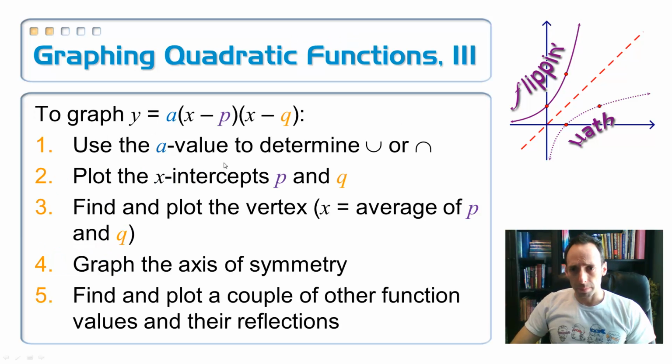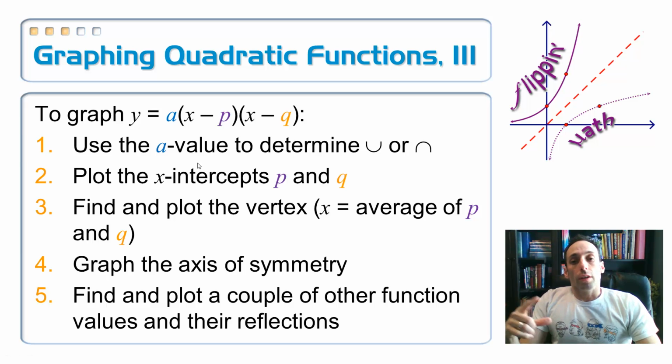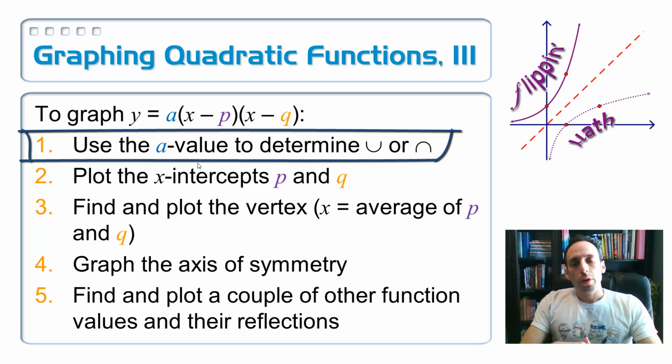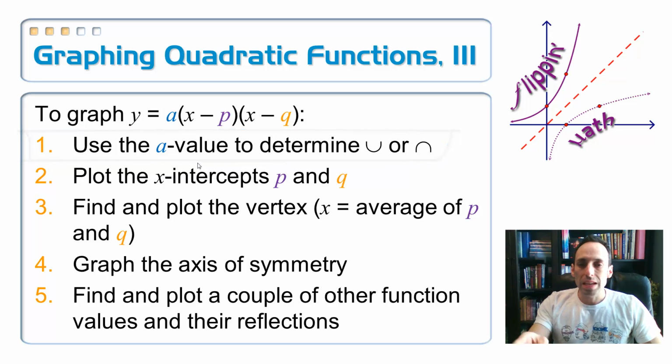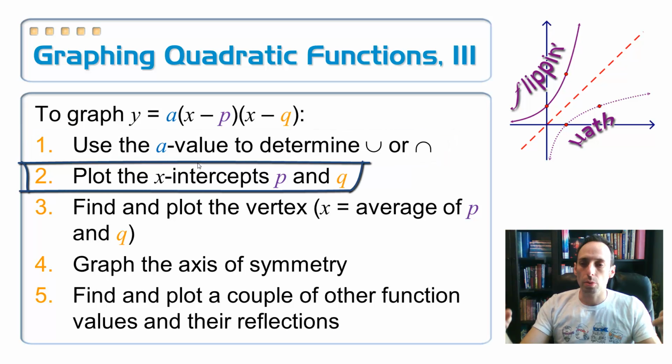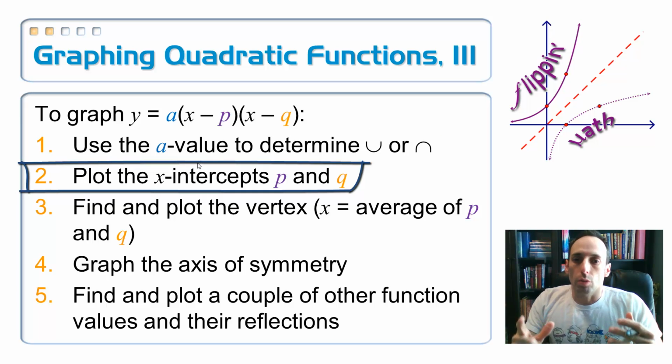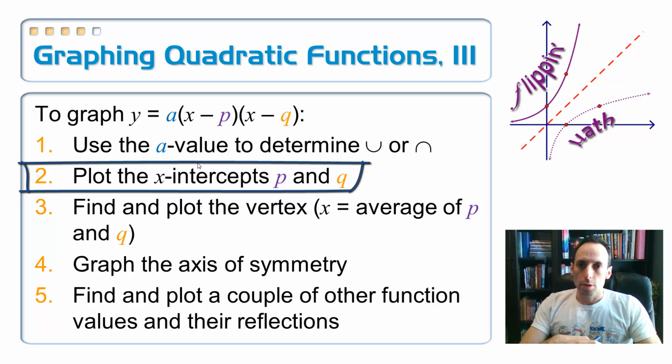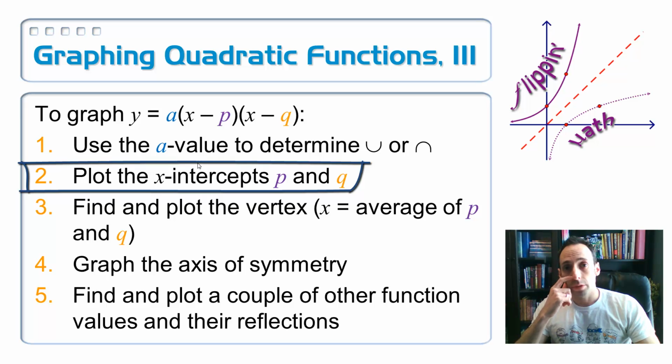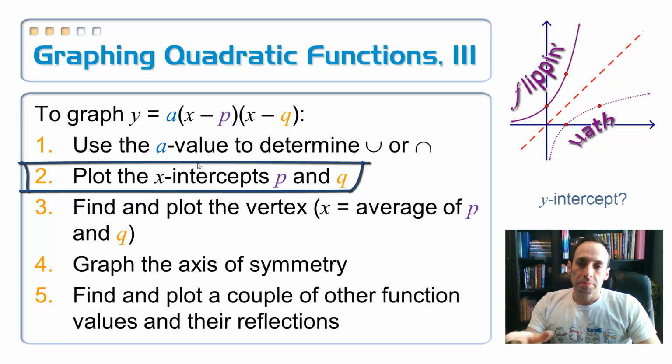So now let's graph them. So here are the steps involved in graphing a quadratic function when it's in intercept form. So first take a look at that a value and determine whether it is going to be a beard or a mustache. A beard if it's positive and mustache if it's negative. The p and the q, those are already your x-intercepts, so on number 2, go ahead and graph your x-intercepts. You might go ahead on that step also and plot your y-intercept, and that's just plugging 0 in for x.